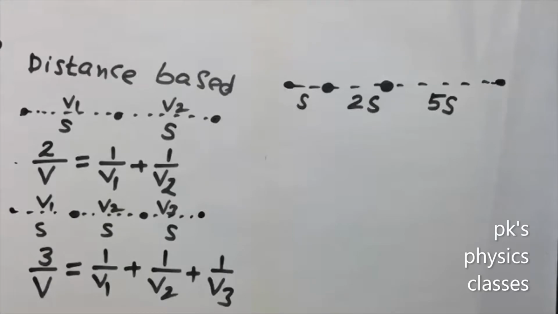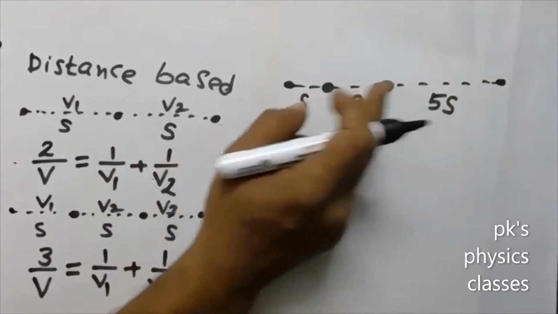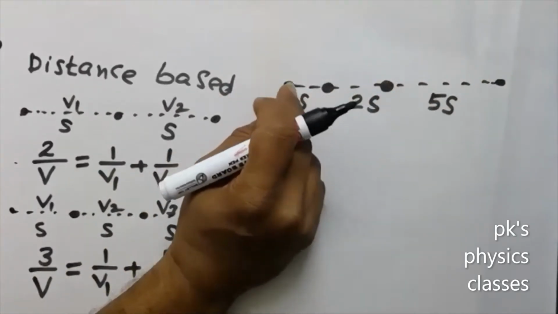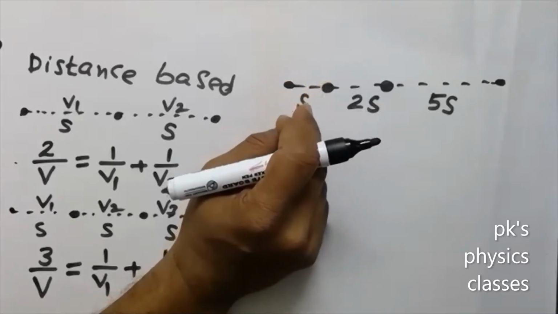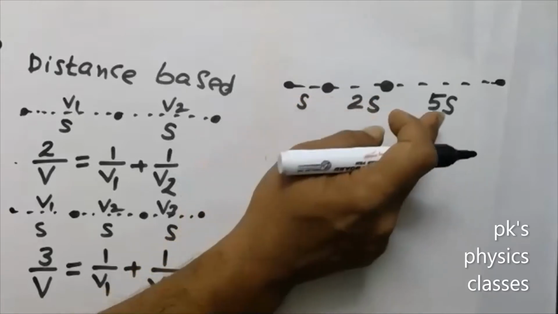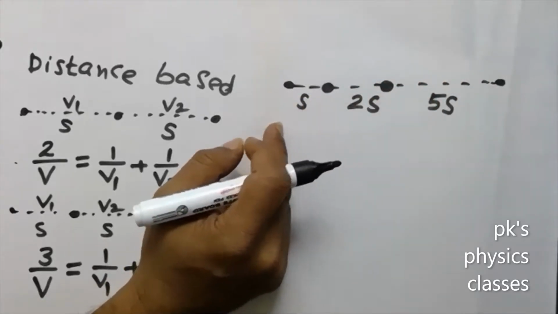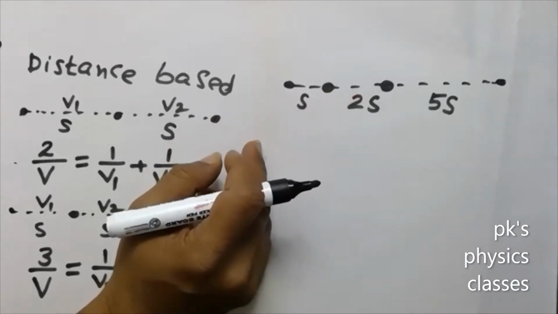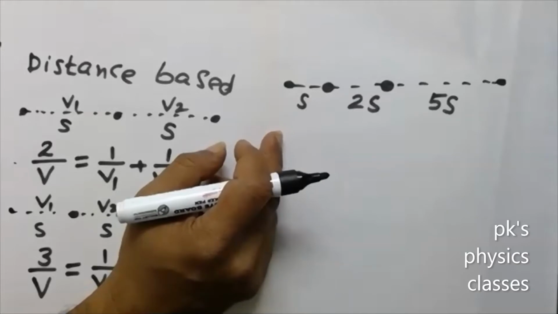See, in this case, it's the total path. In this total path, first some distance, next distance is 2 times of this, next distance is 5 times of this. Such a question if it is given, of course you have to read the text question properly.